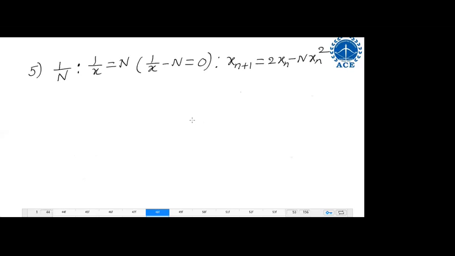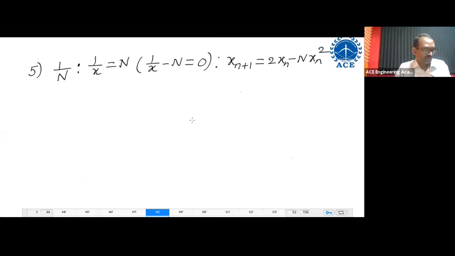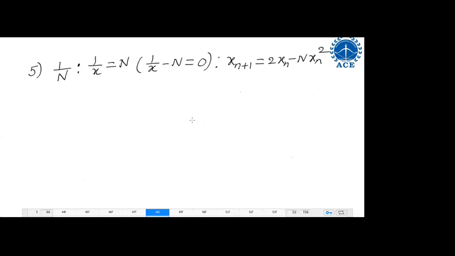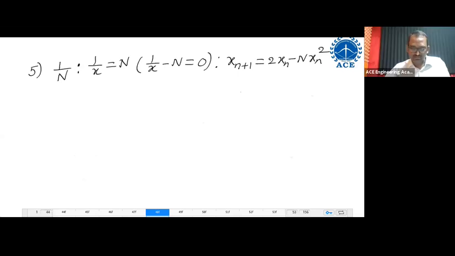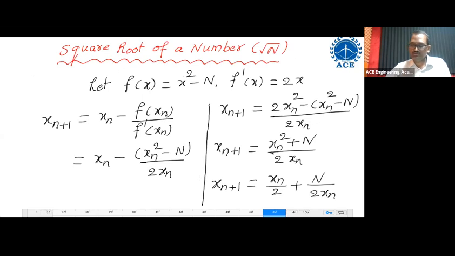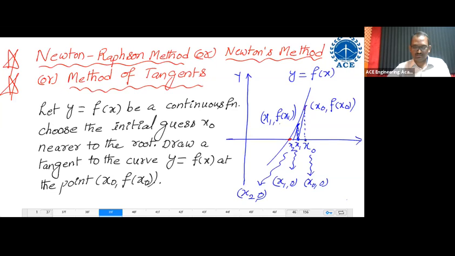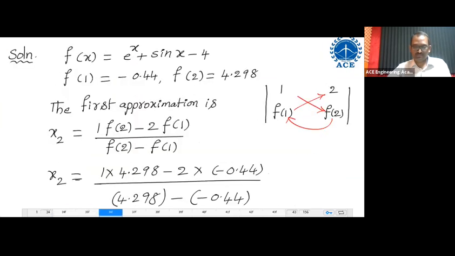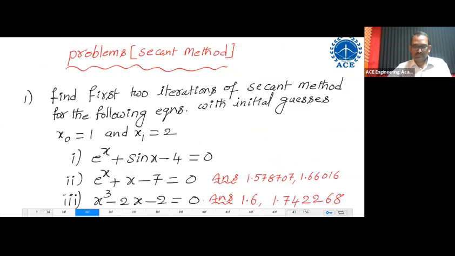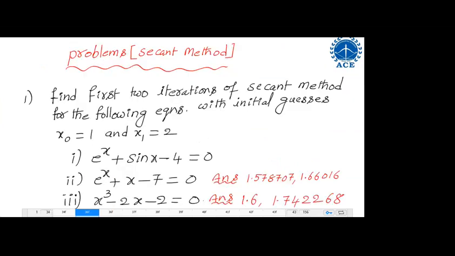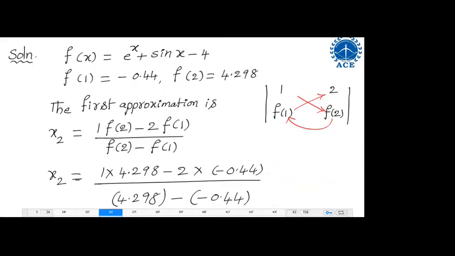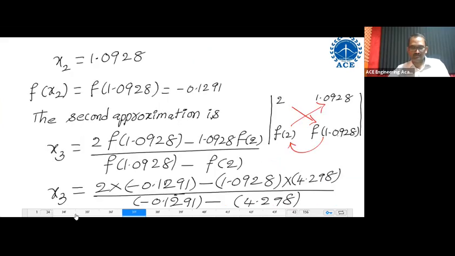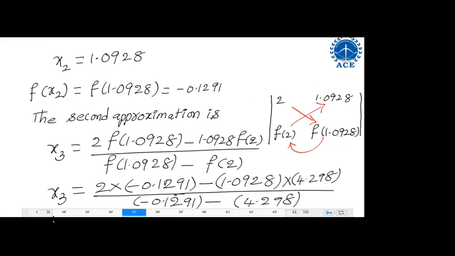Sir, that secant method problem 1. Can you open this slide, sir? This one? Yes, sir. That's the second approximation. Sir, 1.0928 is in the first place and 2 in the second place.